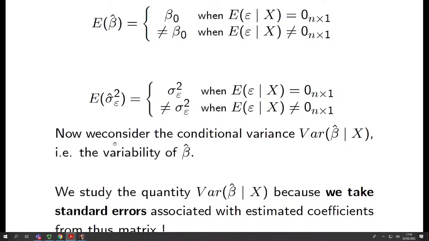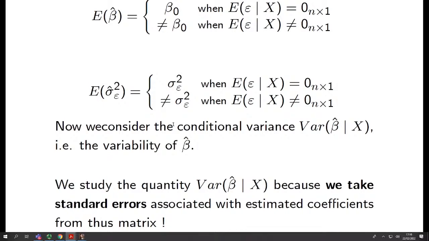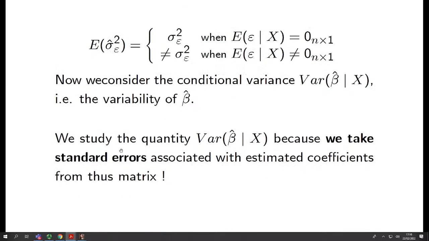Now the last effort before we take a break, then we go to the end. We have been talking a lot about the variance of the OLS estimator given X, because it is the matrix from which we take standard errors, right?